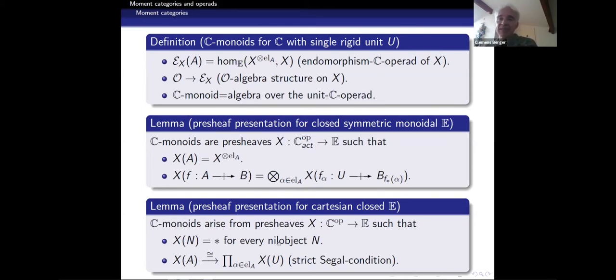And you can show that in the Cartesian closed case, these two conditions are almost equivalent to what is written here. So what is important is that you can use this definition of C-monoid to define C-infinity monoids, and that's actually what people do in the literature.